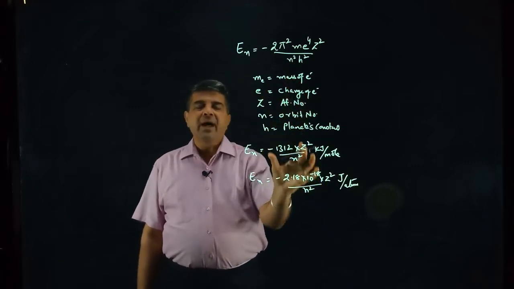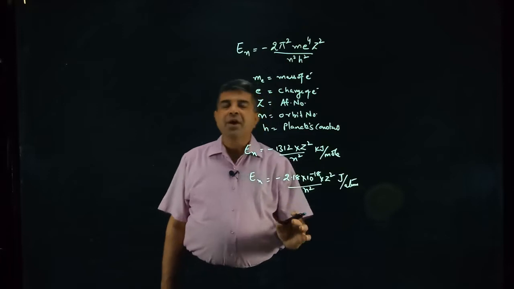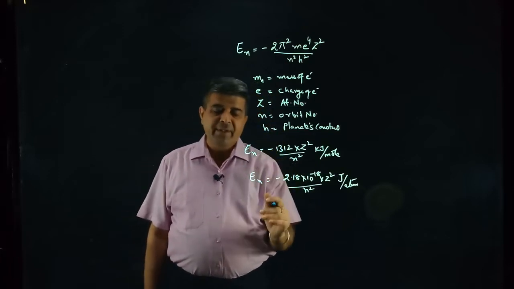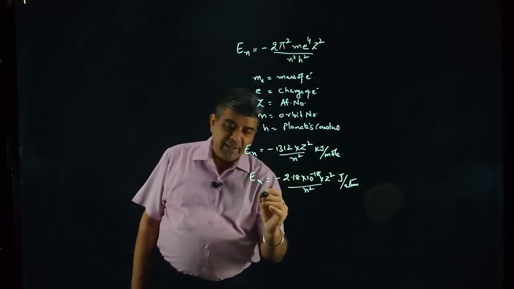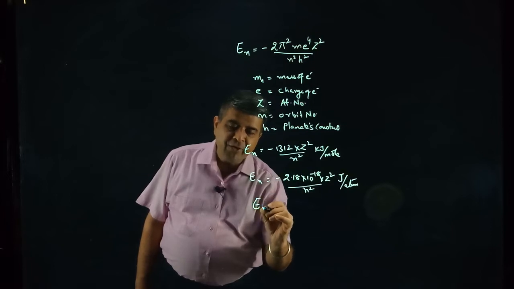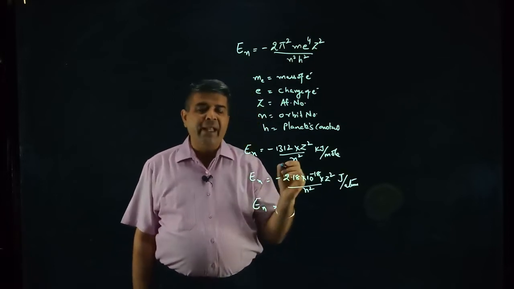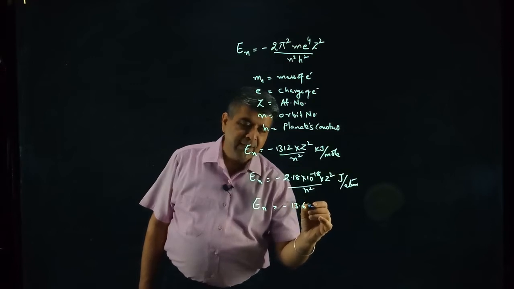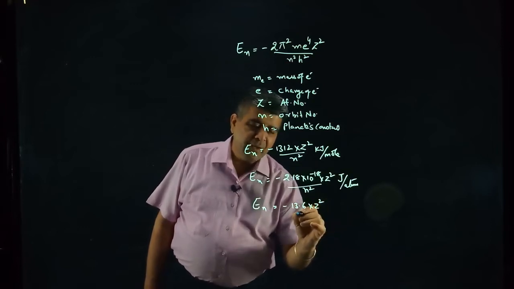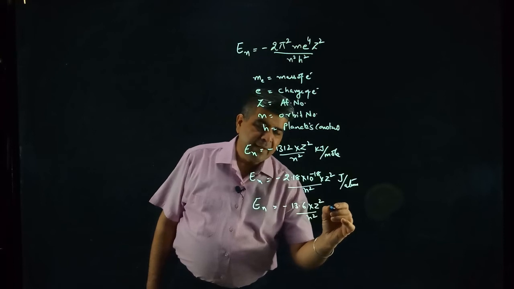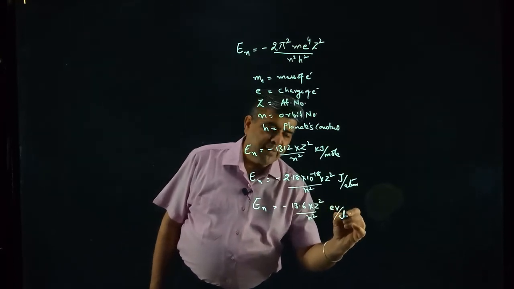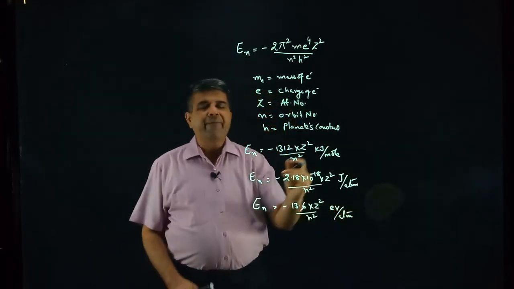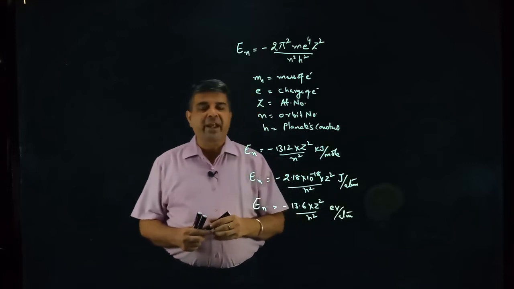These energies are described for the stationary state or a specific orbit in an atom, and the nth orbit energy expressed in electron volts would be minus 13.6 into Z square over n square electron volts per atom. So these are the different forms in which energy can be expressed.